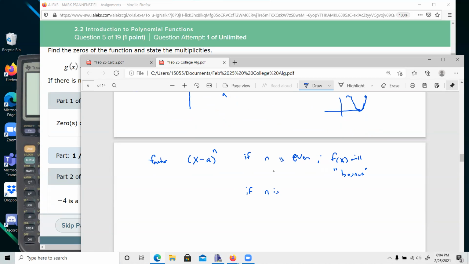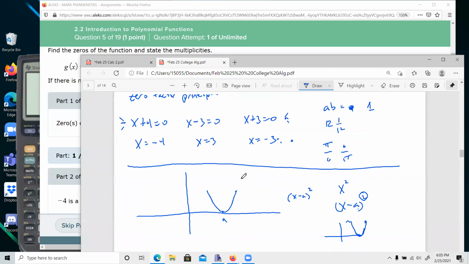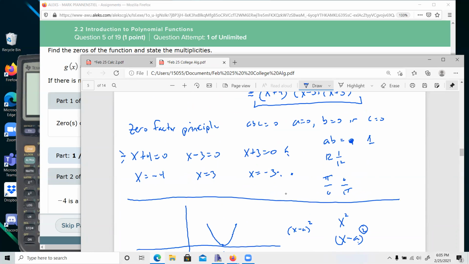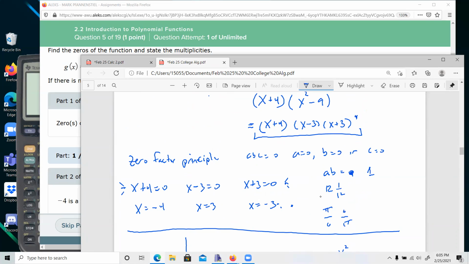If n is odd, then f of x breaks through the axis. So when we factored this, we just factored it, we said, oh, one more up. These are all ones.